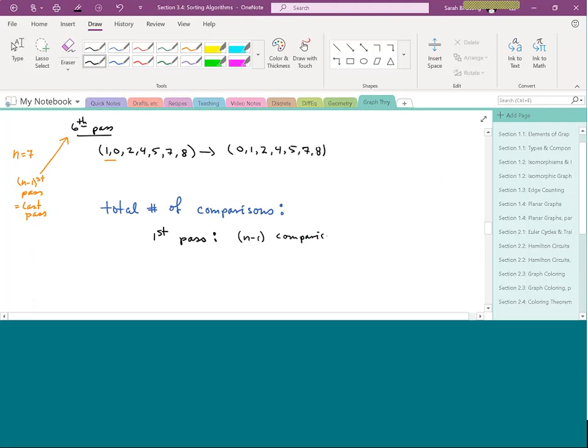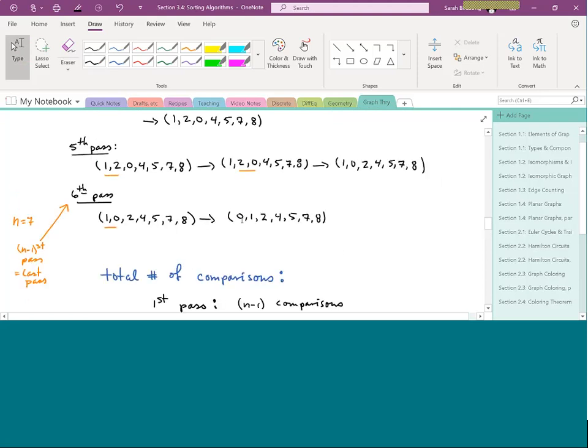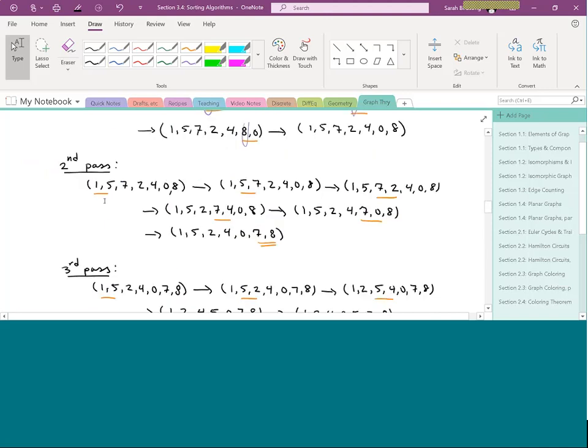Now, for the second pass, you could still do n minus 1 comparisons, and that's totally fine if you want to do it that way. But what did we say? We said you actually didn't need the very last comparison because the last number was supposed to already be set.